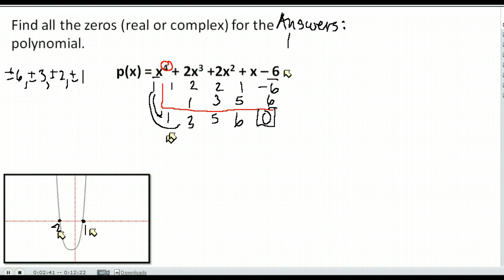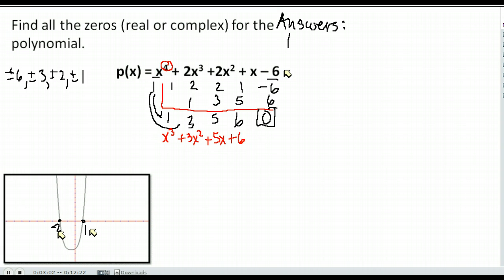And so now I have the polynomial 1x to the 3rd, and these are my coefficients, plus 3x squared, we have positive 5x, and a positive 6. I have this polynomial now. It would be times the factor x minus 1, because I just divided that out.